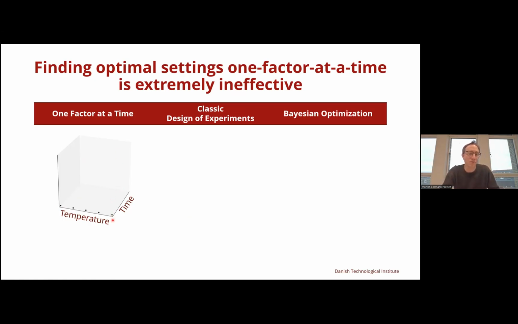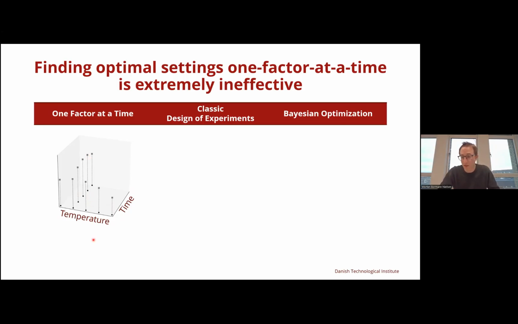And in this approach, we might have a process that we think might depend on time and temperature. And a typical chemist, such as myself, I'm a chemist by training, would often go out into their lab in an R&D environment and select a fixed time and then run a temperature series and see the quality is best here. And then they would sit on that temperature, run a series of time points, gather data, and see that the optimal condition is here.